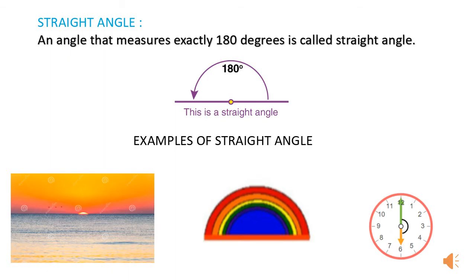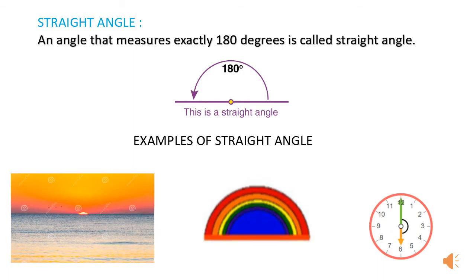Now let's see what is a straight angle. Word itself says it is something about straight line, isn't it? An angle that measures exactly 180-degree is called a straight angle.